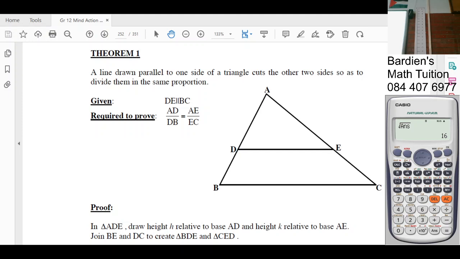Now I know some teachers prefer to teach the application first and then the proof. I just find it more logical to do the theorem first and then the application.